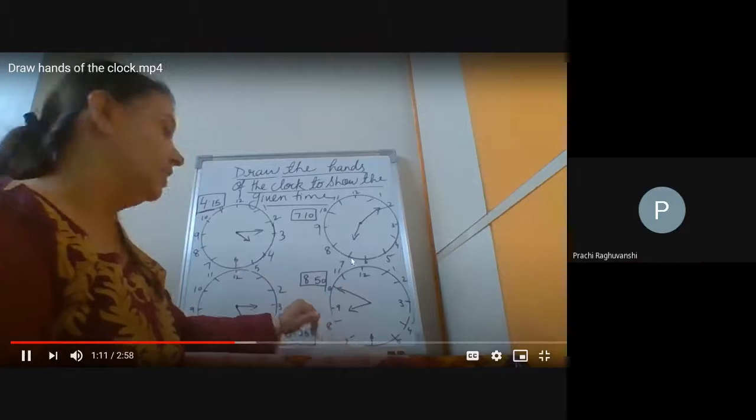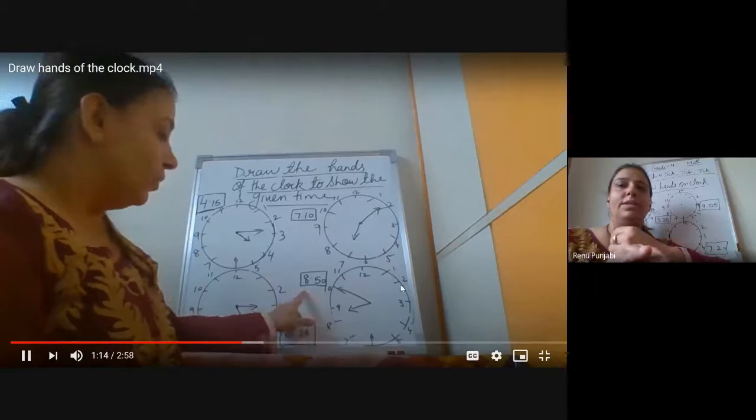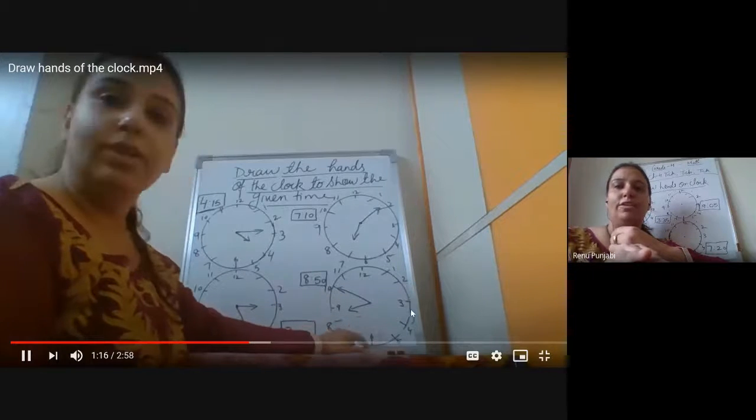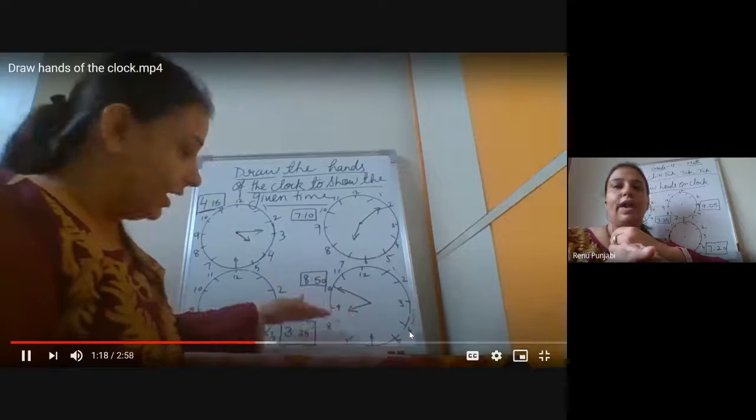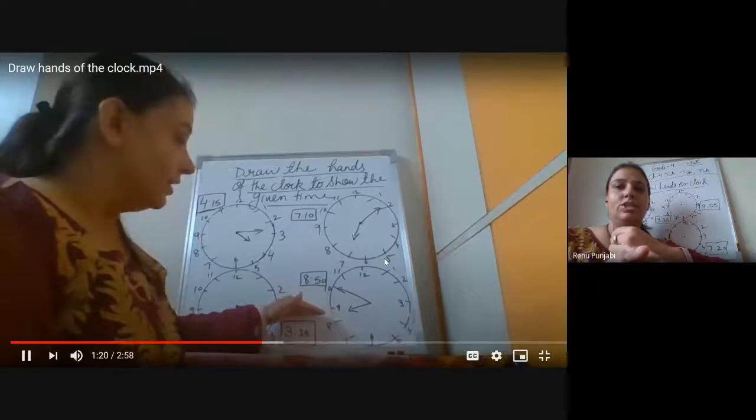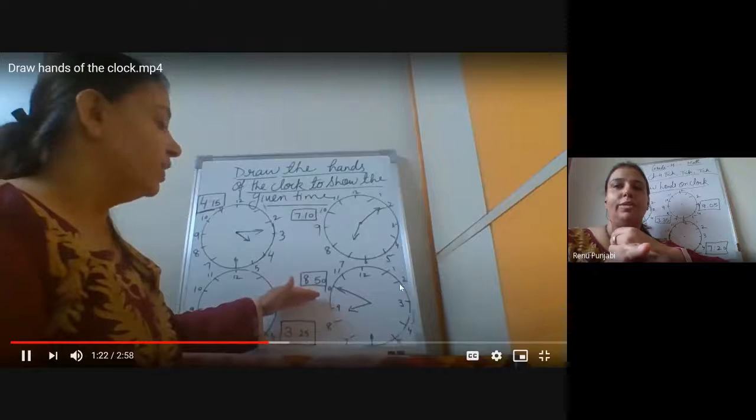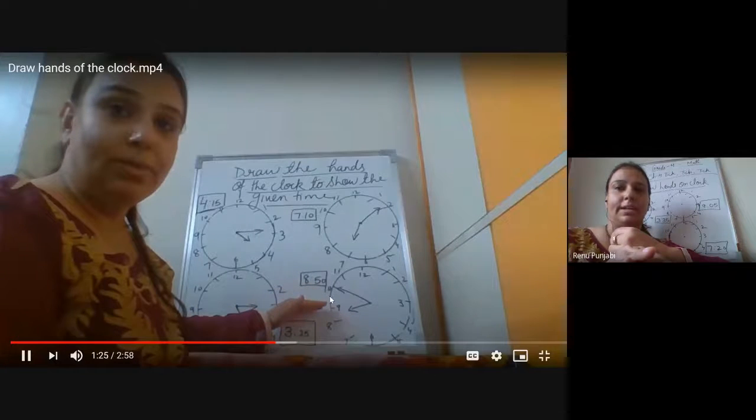Sit properly. From 1 to 2 is 5 minutes. 2 to 3 is 5 minutes. 3 to 4 is 5 minutes. So this way we calculate the 5-minute gap and come to the 10.